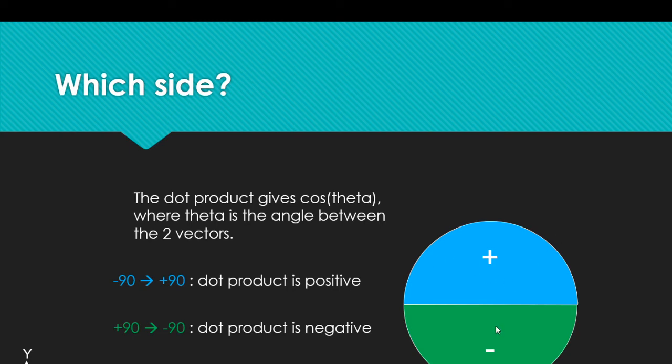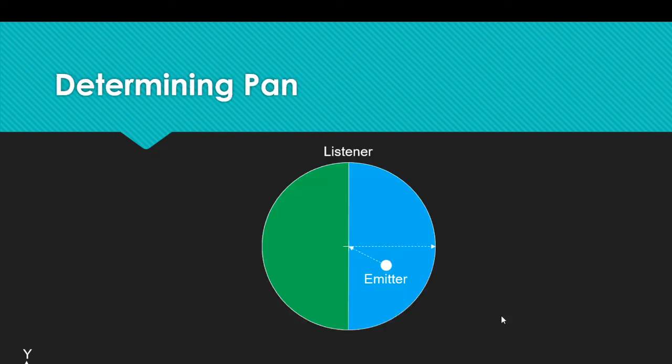But in general, we quite often use the dot product just to say, is it in front or is it behind? And that's comparing it with our forward vector, but we want to know, is this to the left or to the right? So we don't compare this with the forward vector, we use the right vector of the listener. Again, this is quite a common operation. So we have the right vector here.